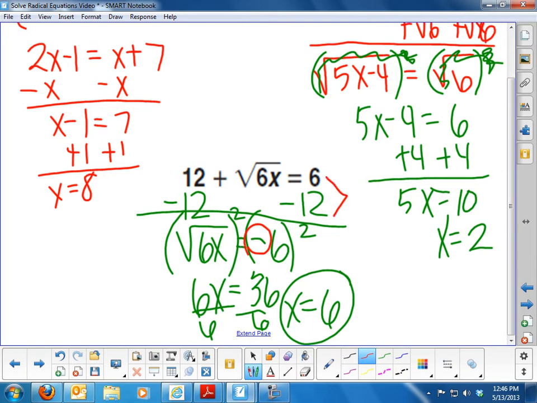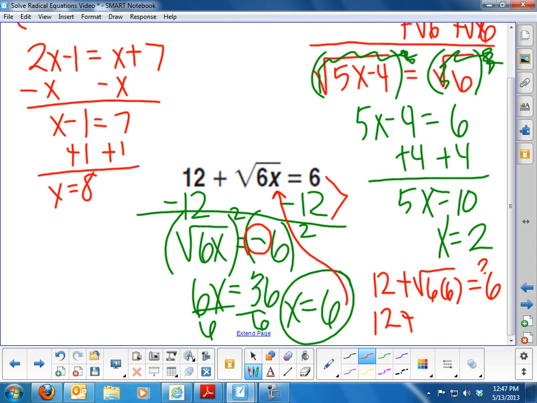I ended up getting an answer of x equals 6, but when I plug this back in here, I get 12 plus the square root of 6 times 6. Does that equal 6? So I have 12 plus the square root of 36. The square root of 36 is 6. 12 plus 6 is equal to 18, which is not 6.